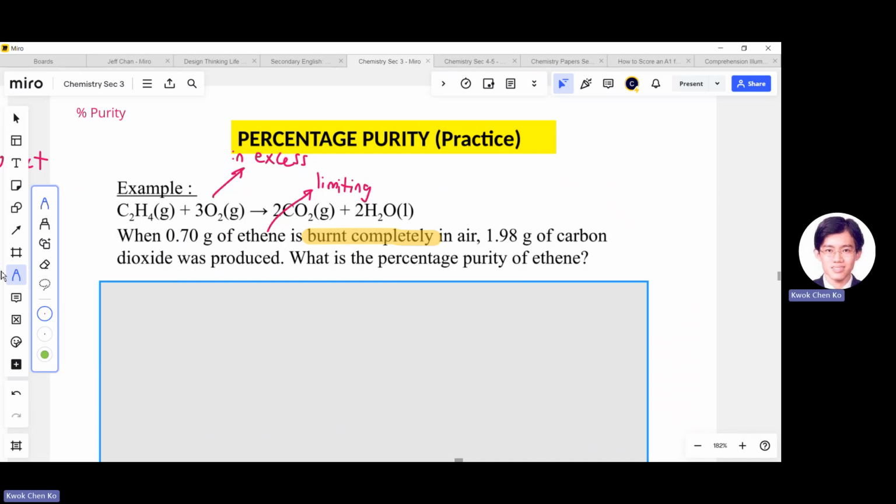It's not obvious, but usually this value here, or this substance here, is impure.